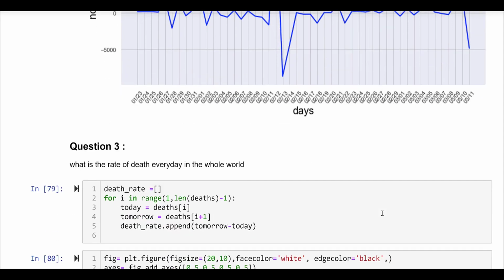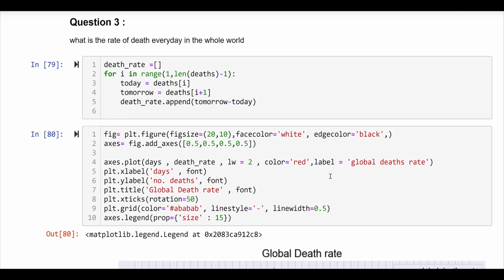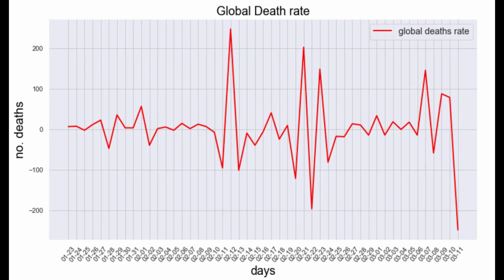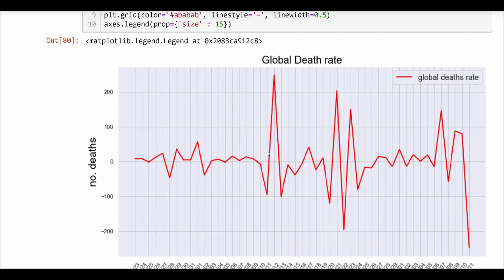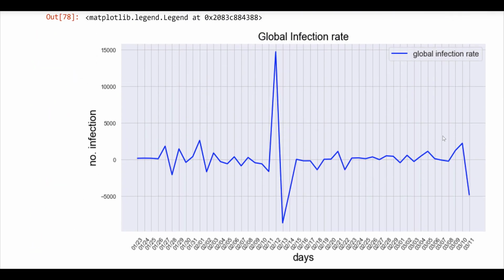Okay, so if you move forward, the third question is, what is the rate of death every day in the whole world? Okay. So this is the plot that we have. And I think here, as you can see, on the 11th of March, we have a good plot. I mean, it looks good. This graph of the number of deaths is pretty similar as well.